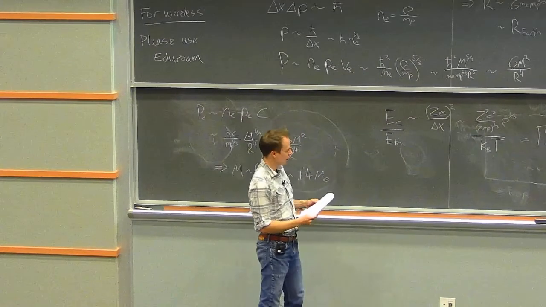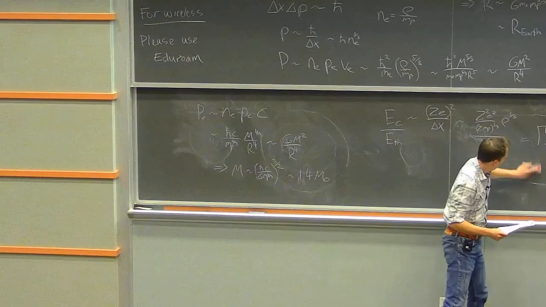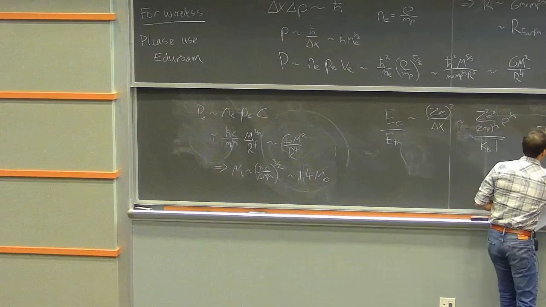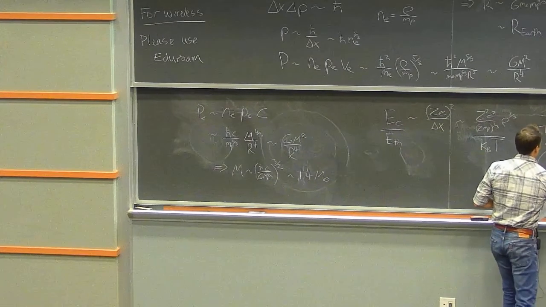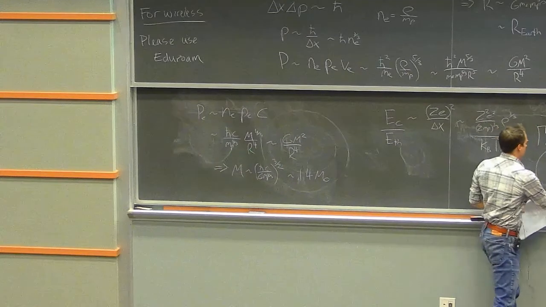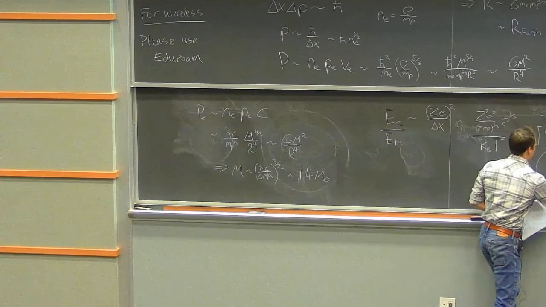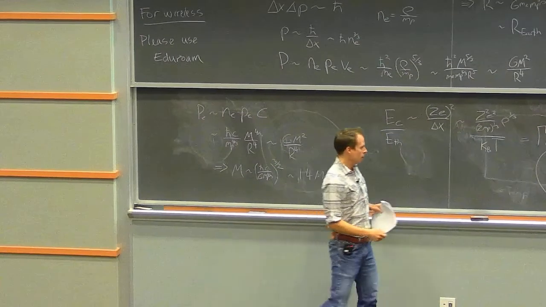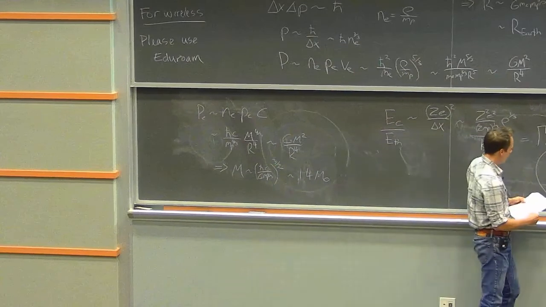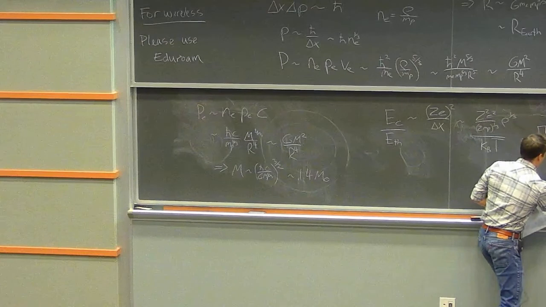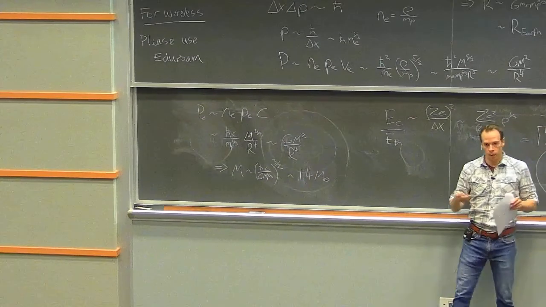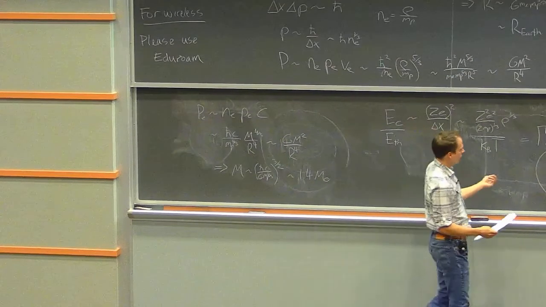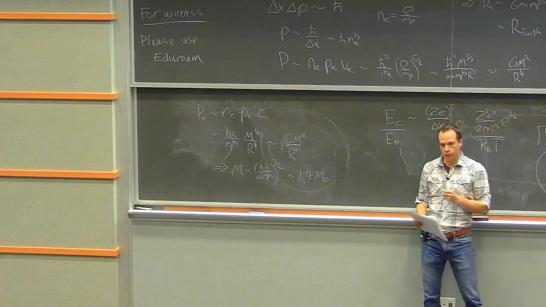I'll say one thing about the crystals that you form, which is that when you start crystallizing, so here's my white dwarf, you start crystallizing right at the center, and the crystals that you form are preferentially rich in oxygen relative to carbon. So as you start crystallizing, you start removing some of the oxygen, and the material around the crystal is now a little bit more carbon-rich than the surrounding material. Carbon atoms are slightly less dense than oxygen.